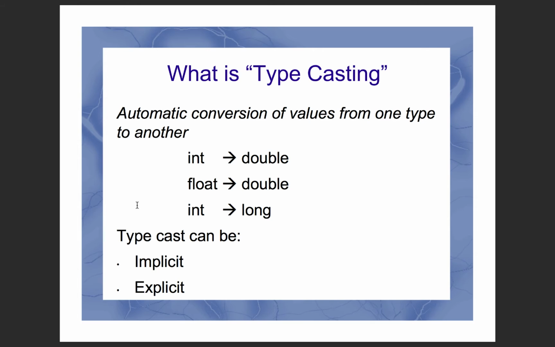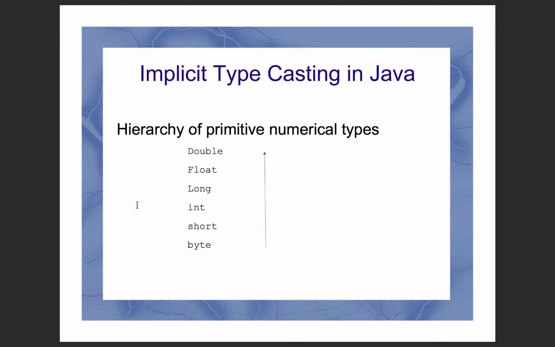So these kinds of things happen automatically. This is called typecast, that is, casting from one type of information to another. Typecast can be implicit and explicit. We will discuss what implicit and explicit mean.